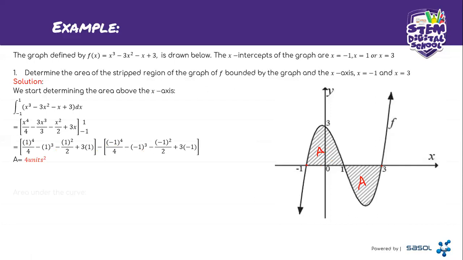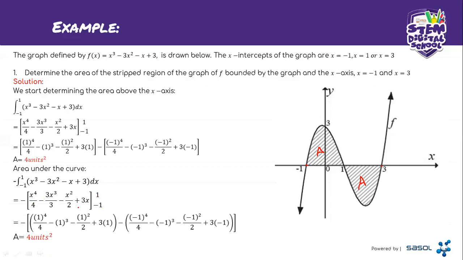Now let us calculate the area under the curve. Don't forget to include the negative. You include the negative, then you write everything as it is. In the second step, you just integrate, then you still put the lower limit on the right hand side, as well as the upper limit. In the third step, you put a square bracket because we have -1 outside.